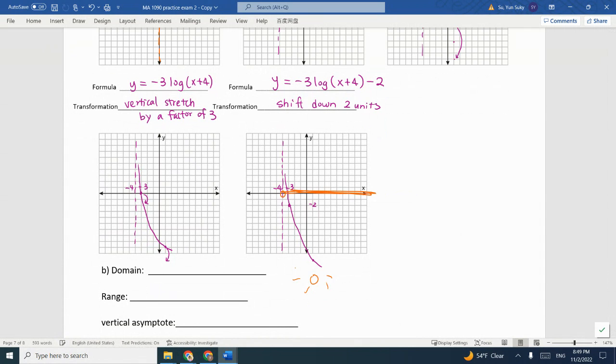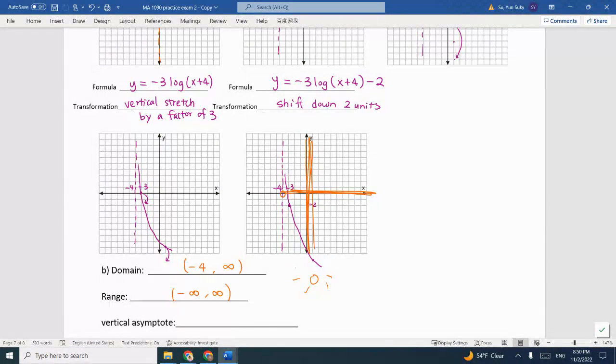This is the domain. So the domain is from -4, not including -4, to infinity. And the range: when you project on the y-axis, you see it is the whole y-axis, so minus infinity to infinity.